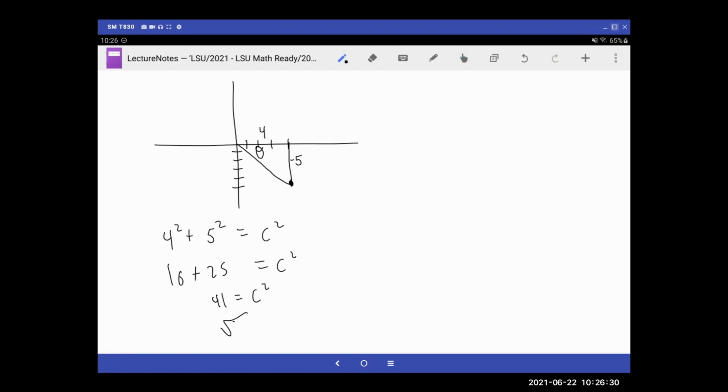So c is the square root of 41. By the way, when we're solving equations, there's technically a positive and a negative here. But when we are dealing with a side length, it's always going to be positive, right? We're not dealing with negative lengths. So we just ignore the negative there. All right, so 4, -5, and then square root of 41.